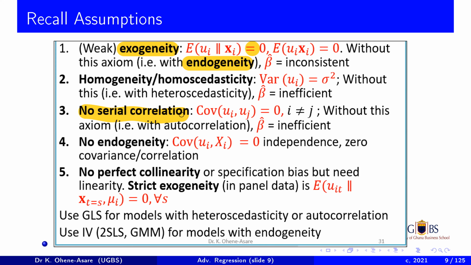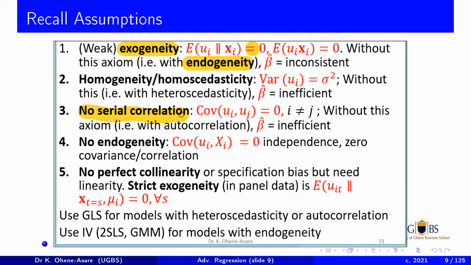Of course, we need linearity in there. In panel data, we talk about strict exogeneity. In other words, the expected value of the error term, which changes across individuals and across time, should be zero, given an independent variable. It doesn't matter which one it is, it should be zero.